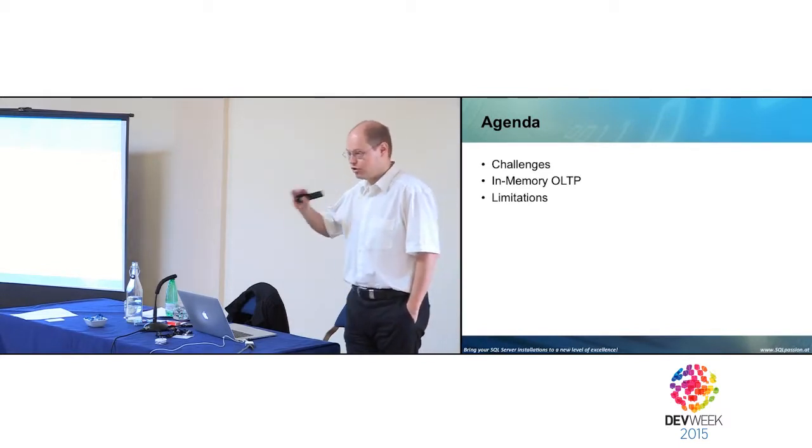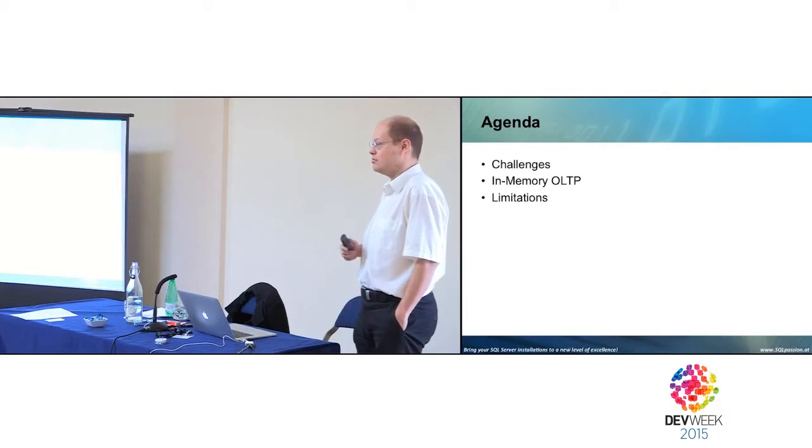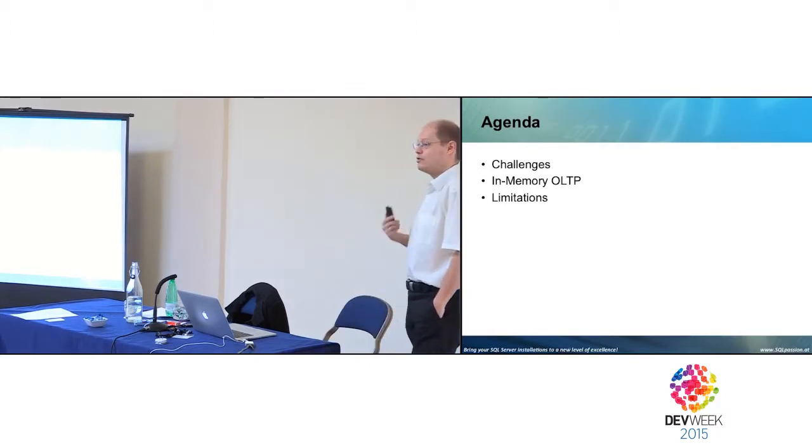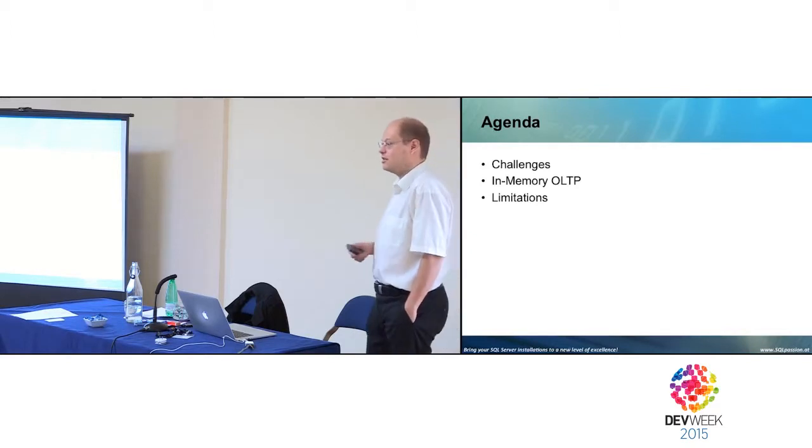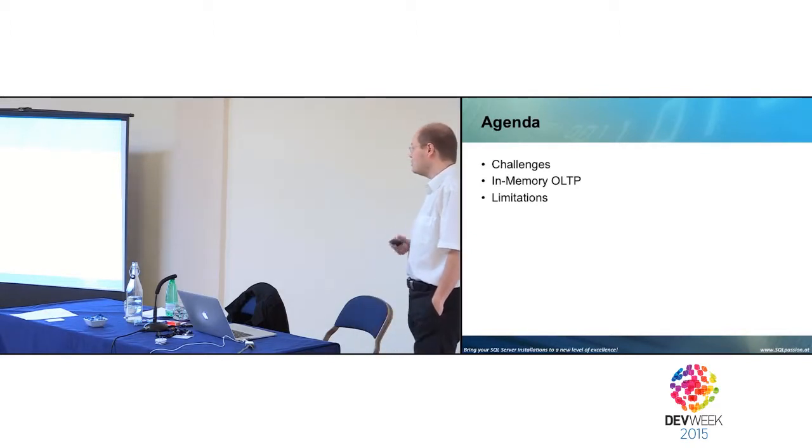So I want to show you what in-memory OLTP is and how you can work with it, and also how you can migrate your existing databases to that new technology. And in the end, I also want to talk about limitations.